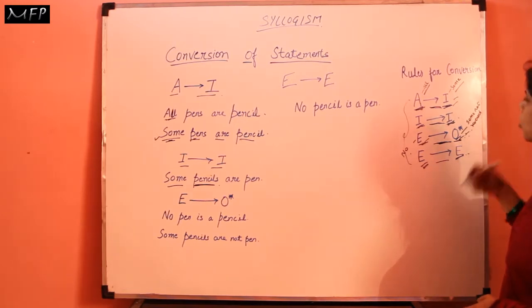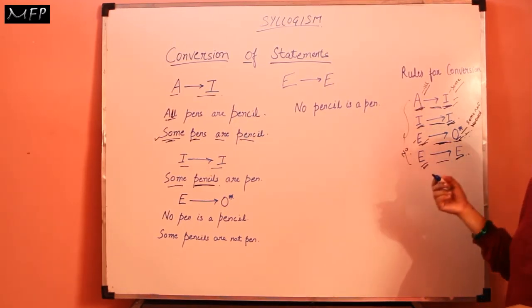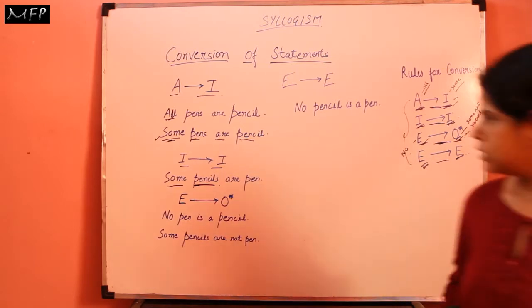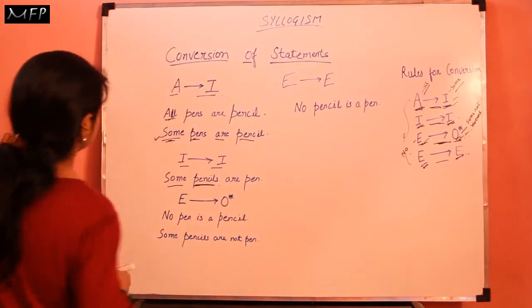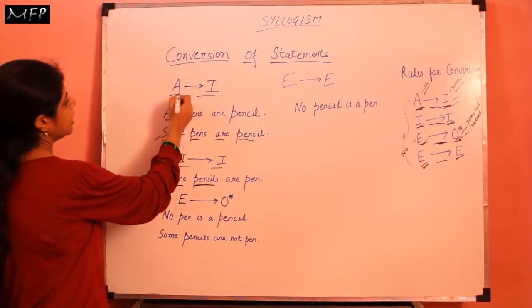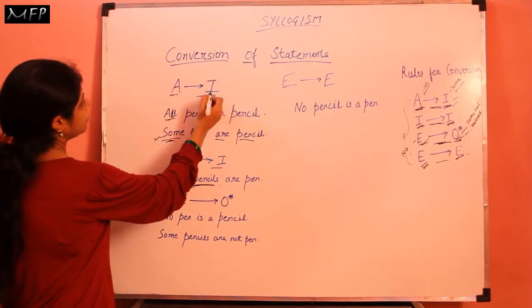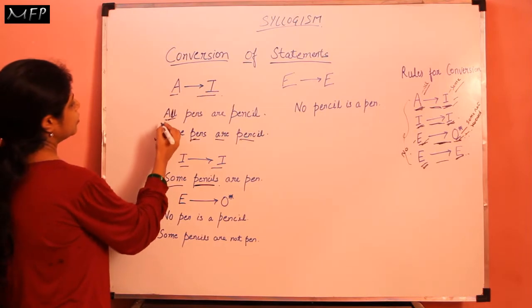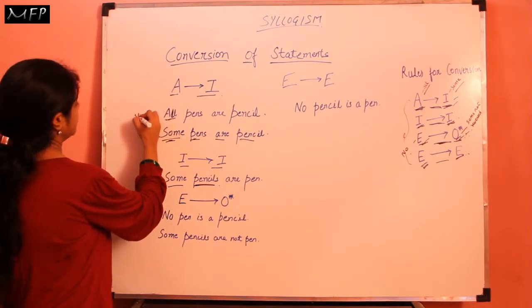To make it clearer, let us see some examples. Here are the examples. The first rule is that an A-type statement can be converted into an I-type statement.